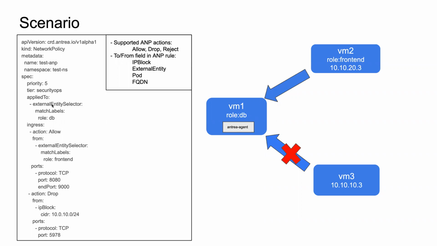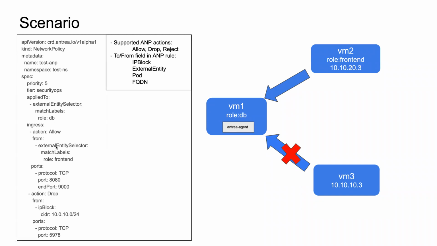This is our target. For the Antrea network policy applied to the external entity, we want to follow the same behavior as the current Antrea network policy. So we will support actions of allow, drop, and reject.